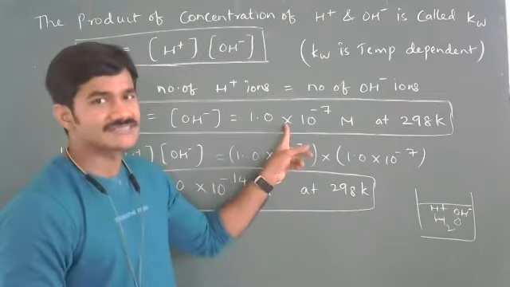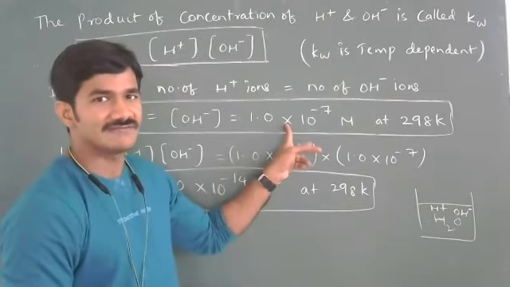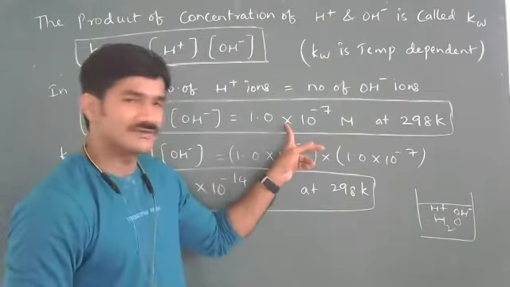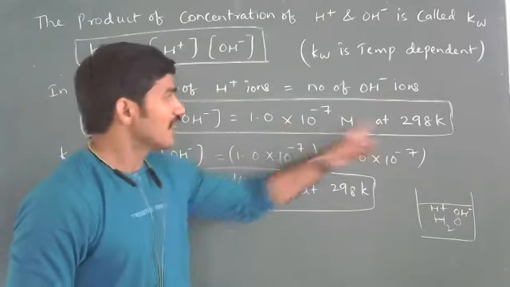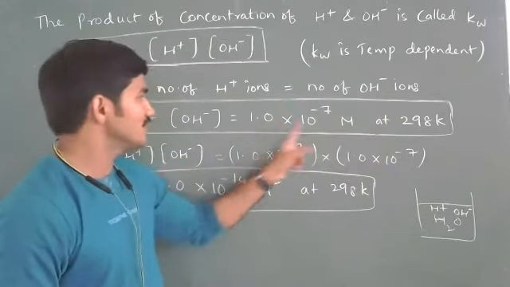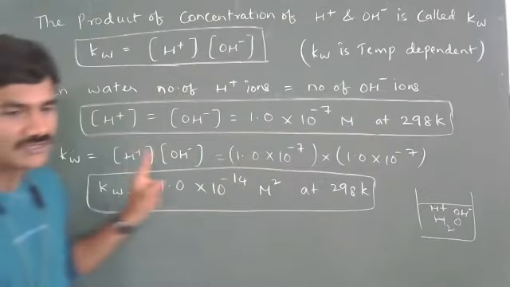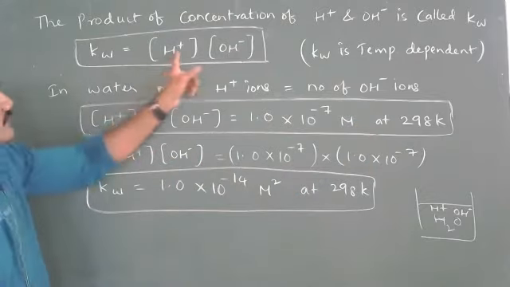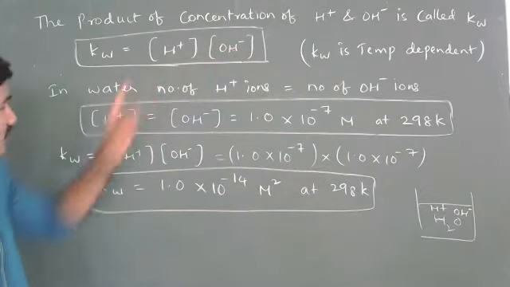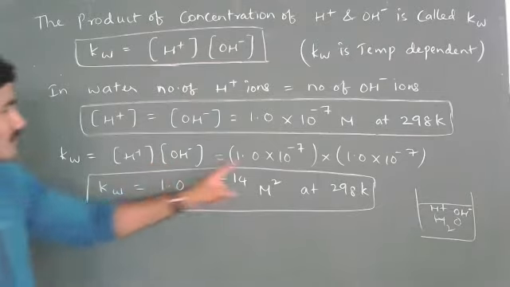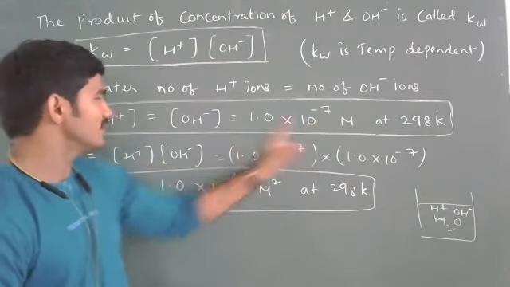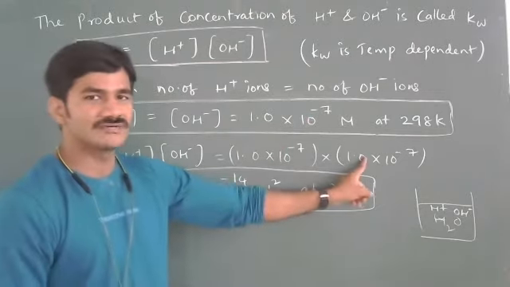That value is a constant, measured by experiment at 298 Kelvin: 1.0 into 10 power minus 7 mole per liter. Now Kw is equal to H plus into OH minus ion concentration. H plus is 1.0 into 10 power minus 7, and OH minus is also 1.0 into 10 power minus 7.